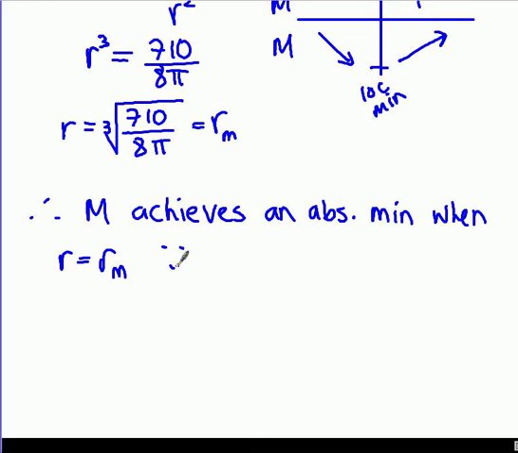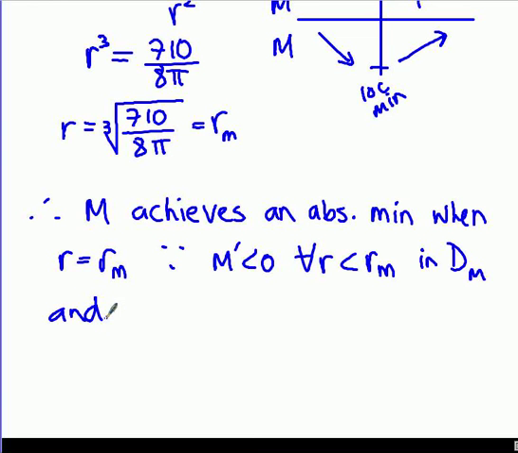And that's true because m prime is negative for all r less than our minimum r_m in my domain. And m prime is greater than 0 for all r greater than r_m, again, in the domain.